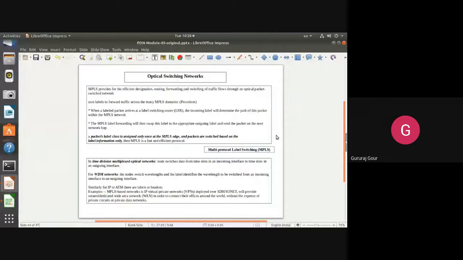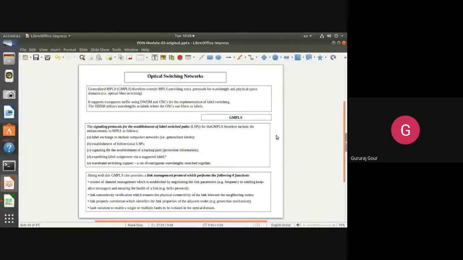If you generalize MPLS, it is known as generalized multi-protocol label switching, GMPLS, which extends MPLS functionalities, providing extra protocols for the wavelength and physical space domains, meaning optical fiber switching. It supports transparent trafficking using DWDM and optical cross connects for the implementation of label switching.